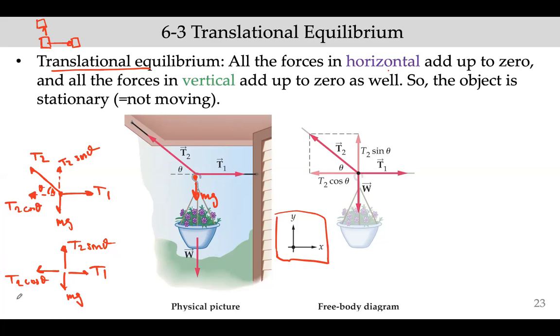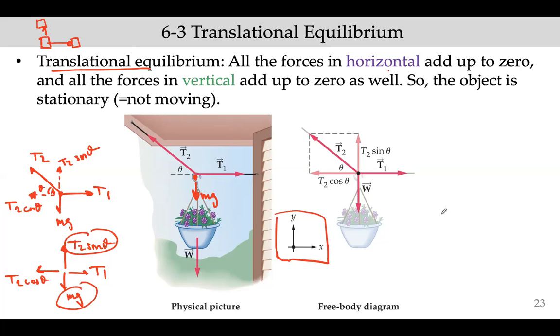So what are the equations that I can write if there's translational equilibrium? In the problem, it usually says what should be the tension or the mass or the weight so that the object is in translational equilibrium. So in that case, what you do is the up force should be equal to the down force.